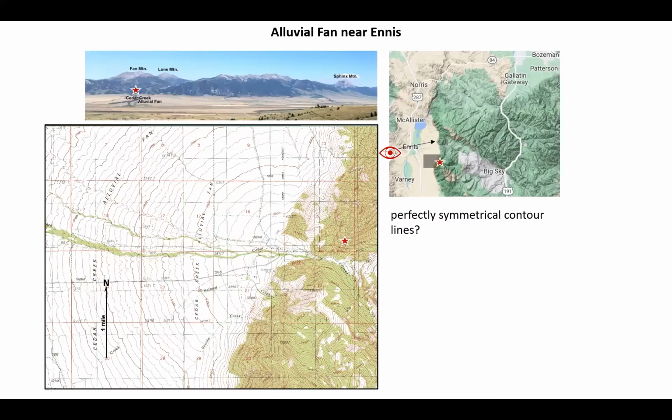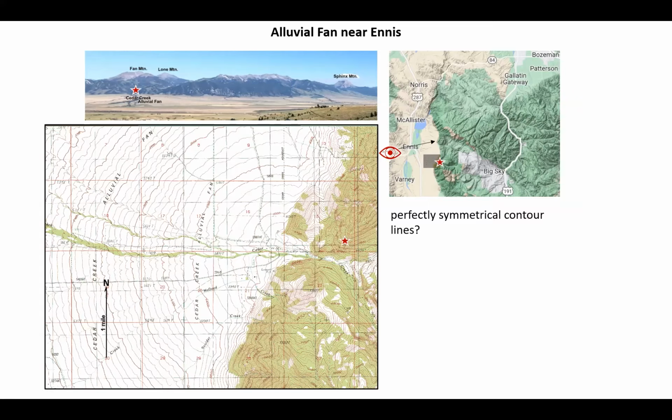Here's another example of some interesting glacial remnants. This is called an alluvial fan, and it's over in Ennis, just west of Big Sky. A creek, Cedar Creek, is carrying this glacial till downstream, and where it hits the flat part of the valley, it starts to fan out and it spreads this debris around in a very orderly fashion.